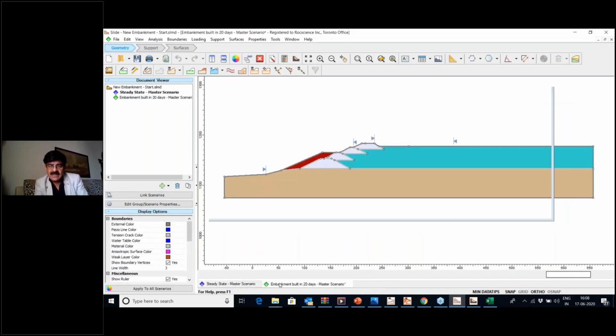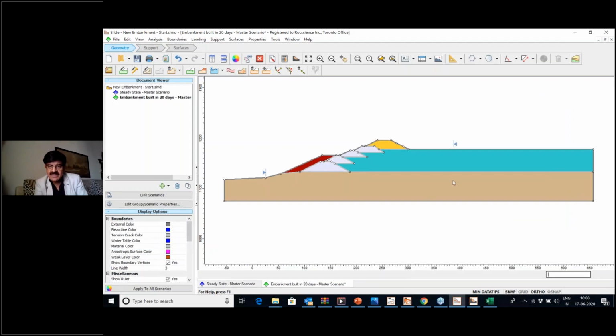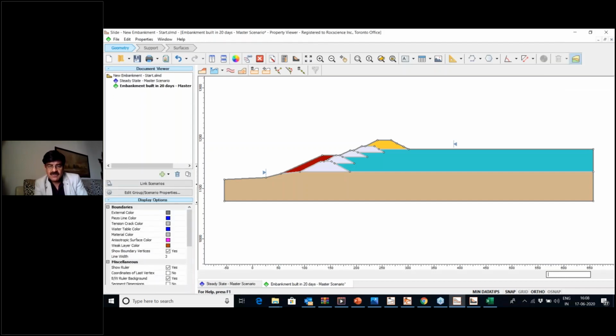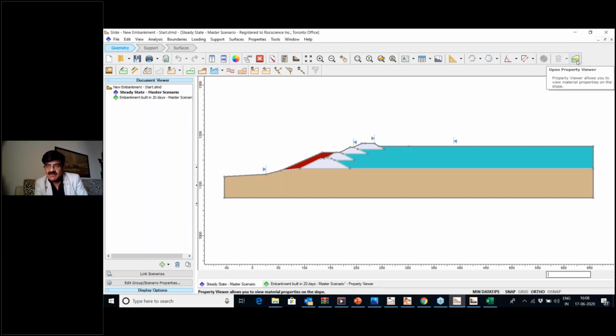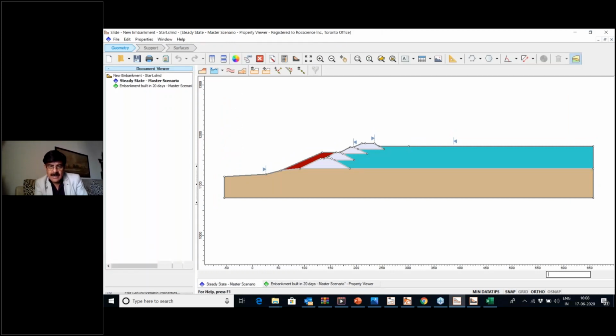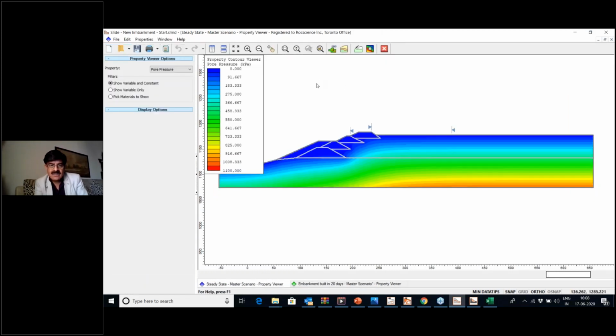Now, if we look at the initial condition, and this is after embankment, if you look at the property view here, open property view, this is what you see in terms of pore pressure contours in the case of embankment. And as far as initial conditions concerned, if you look at the property view here, viewer here, this is what you see.